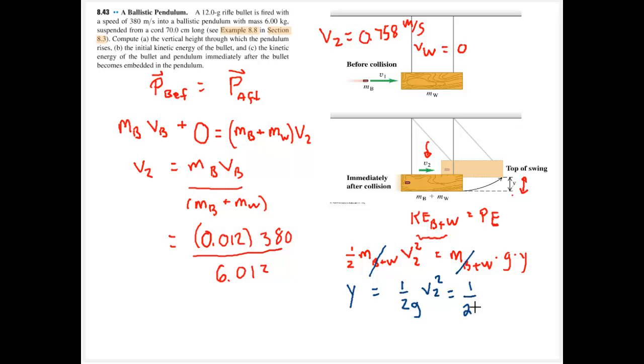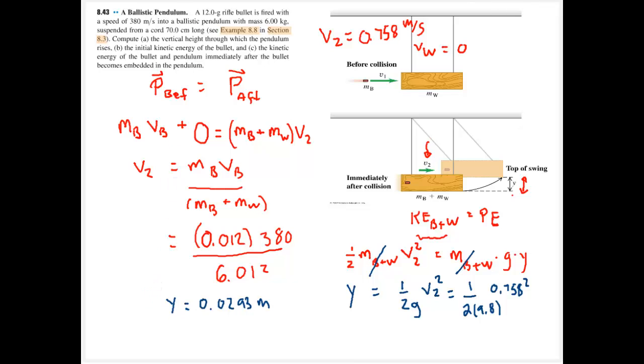So 1 divided by 2 times 9.8 multiplied by 0.758 meters per second quantity squared, and the height that it rises up is going to be 0.0293 meters, or 2.93 centimeters.